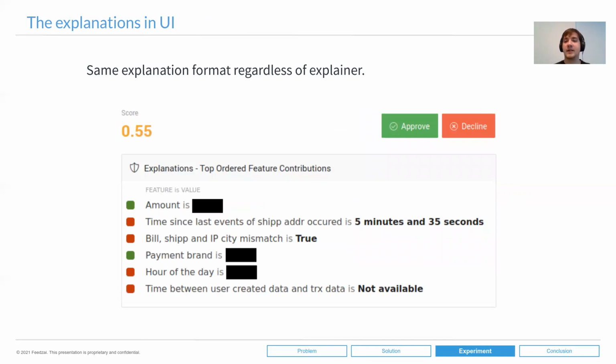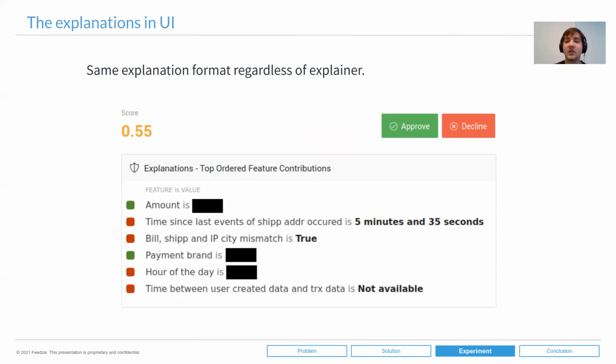So on the UI, the analysts, additionally to the information for a given transaction and the model score for that transaction, which you can see here, have information about the explanation. The explanation would show the analyst, based on the feature contribution that each explainer gave, a list of features that were the most important for that instance.